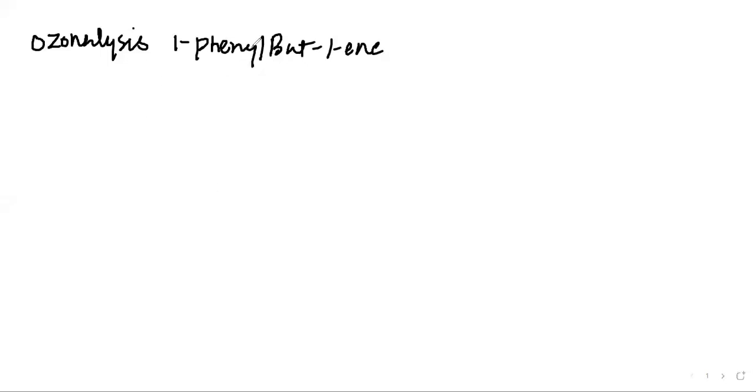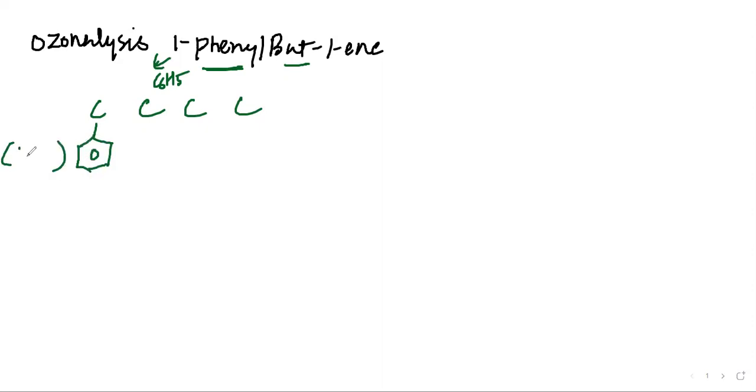You can see here that in 1-phenyl but-1-ene, we have the longest chain of but. So we have 4 carbons, 1, 2, 3 and 4. On the first carbon we have a phenyl group. This phenyl group is C6H5, my dear students, or we can even represent it as a benzene ring. Instead of this, we can even write C6H5. 1-phenyl but-1-ene.